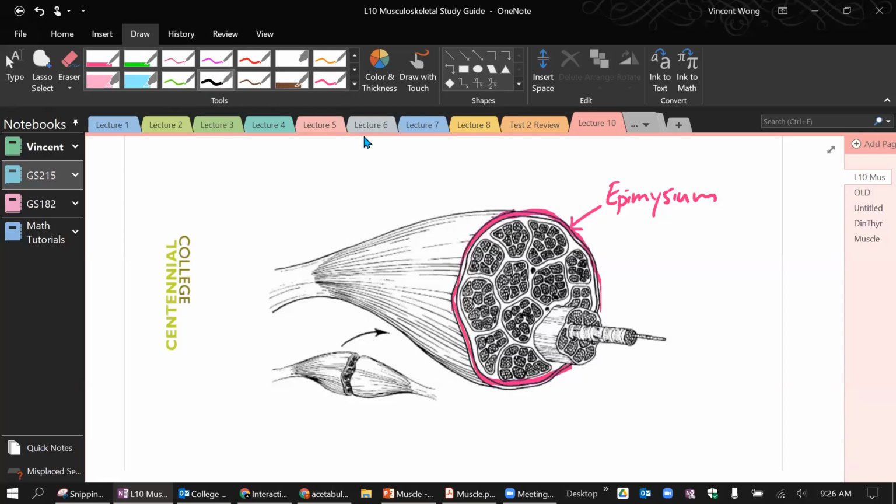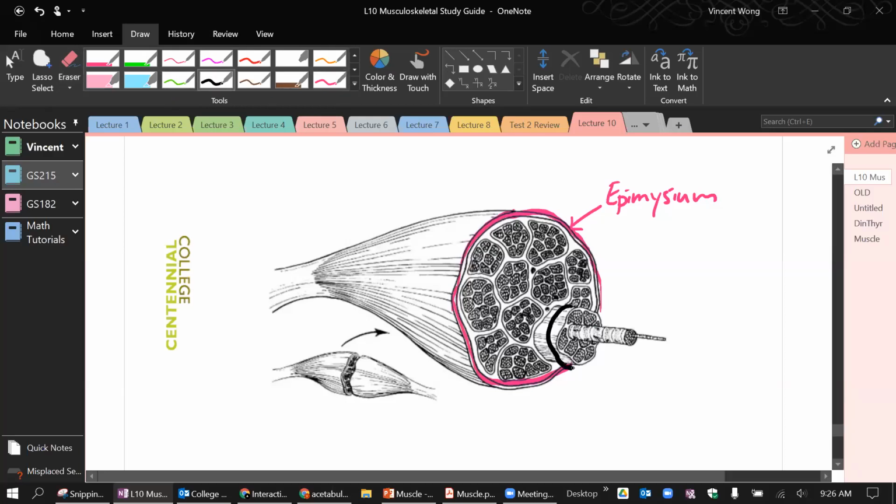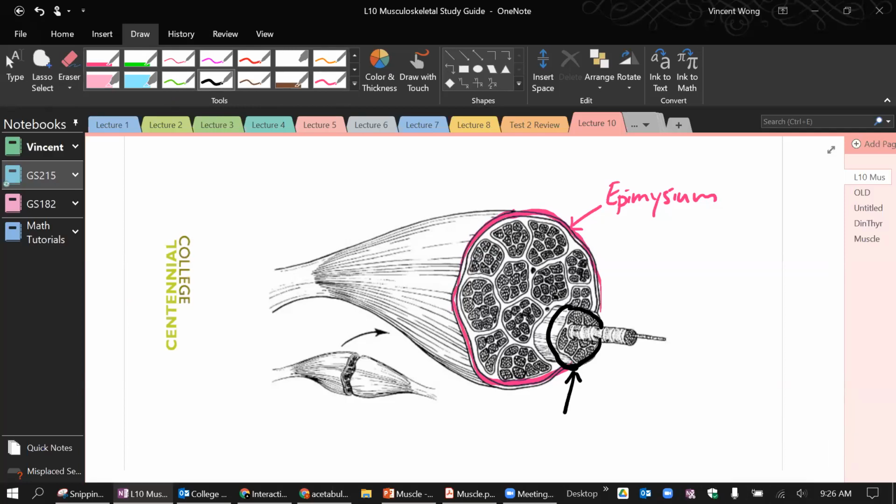Okay. What about this thing? What is this thing? Let me pick on someone. Let's say, Gisela, do you know what that is that I'm pointing at? How about Jyoti?